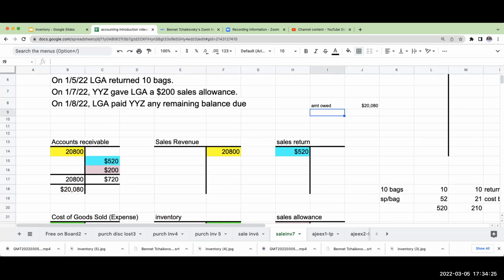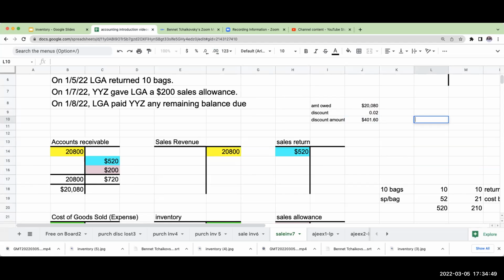The discount I'm offering is 2%. So the discount amount is $20,080 times 2%, which is $401.60. Once I know this amount, how much cash am I going to get from the customer?